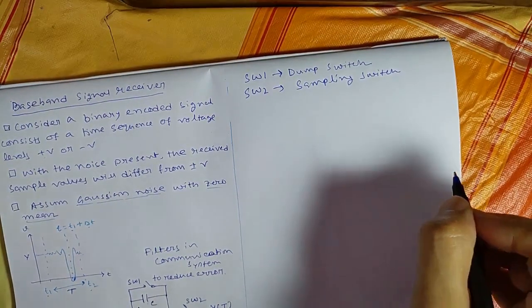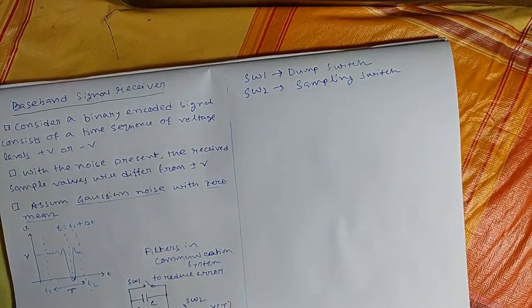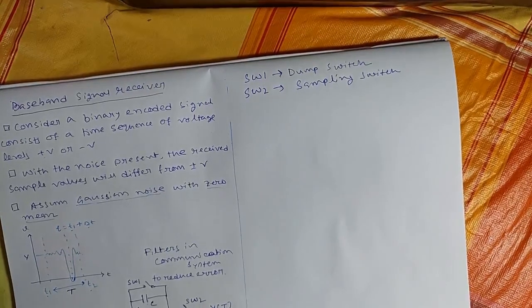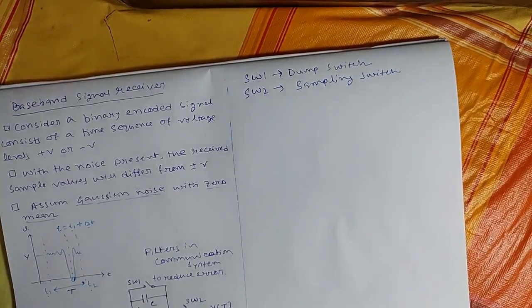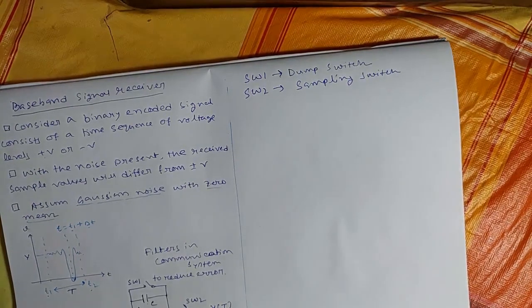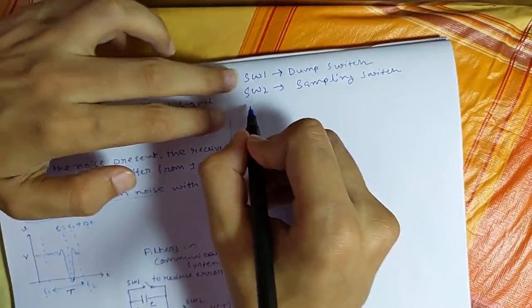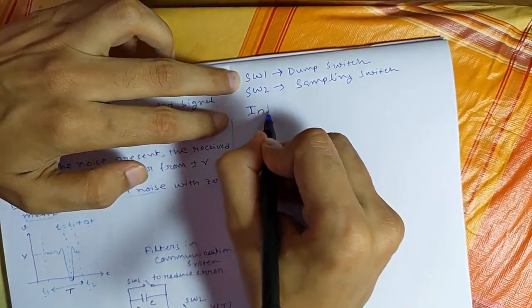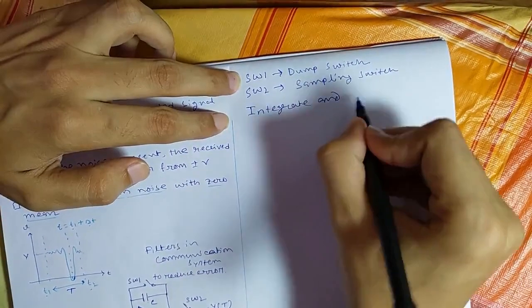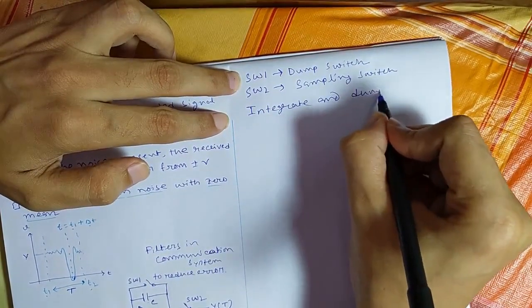Now we need to calculate the signal to noise ratio at the output of this filter. This kind of filter is known as an integrate and dump filter.